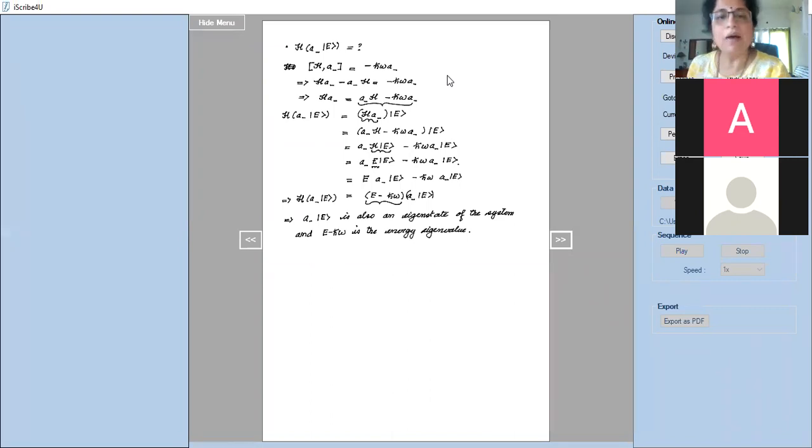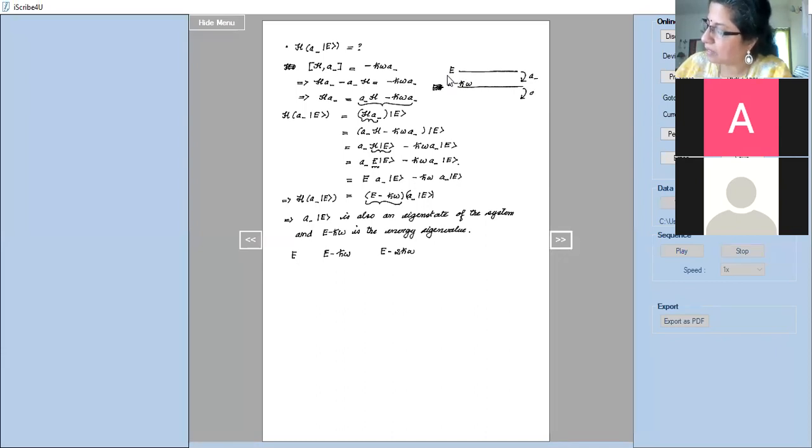All right. So now, what do we realize? Exactly like what we had seen in the case of A plus, now we realize that if E is an eigenvalue, E minus H cross omega is also an eigenvalue. E minus 2H cross omega should also be an eigenvalue, right? Because what is happening now, you're starting off at an energy level E. You act with A minus, and you get a new level where the eigenvalue is E minus H cross omega.